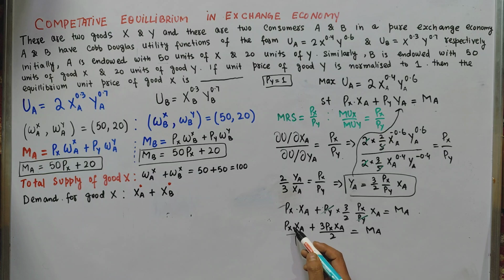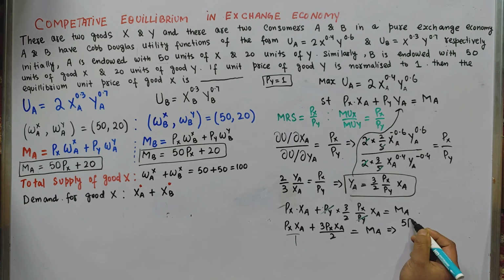So this is 2 px into xa plus 3 px into xa. It sums out to be 5 px into xa upon 2 is equal to ma. That is the income of the consumer.